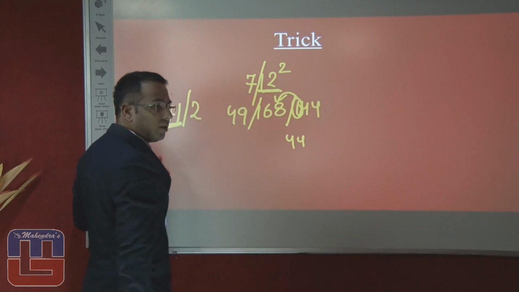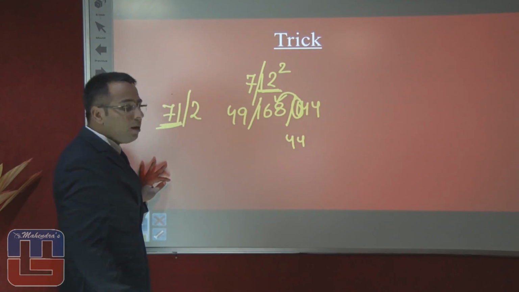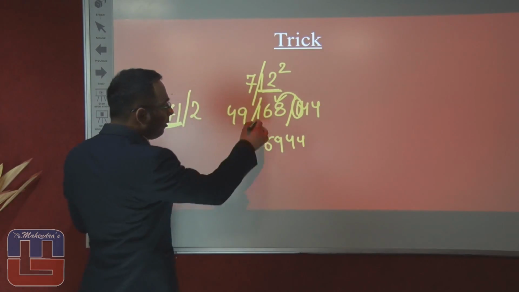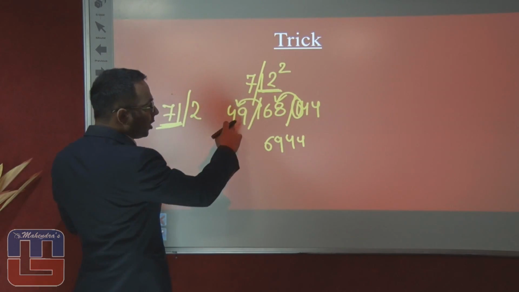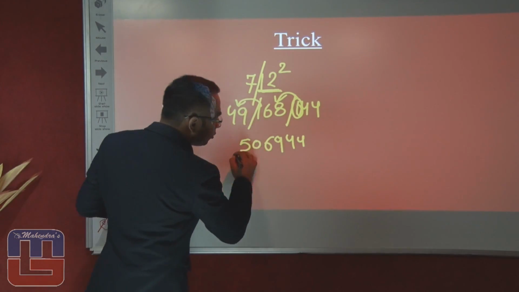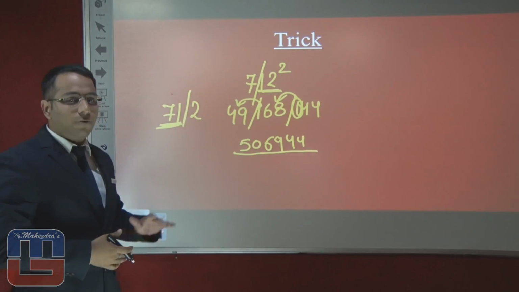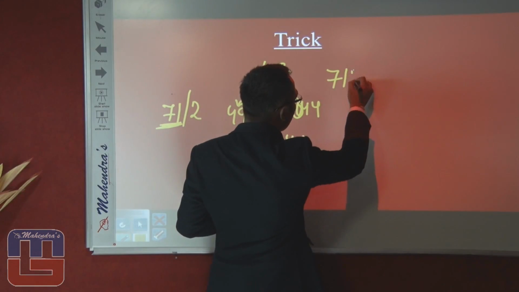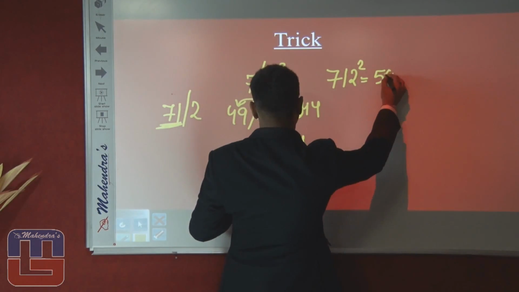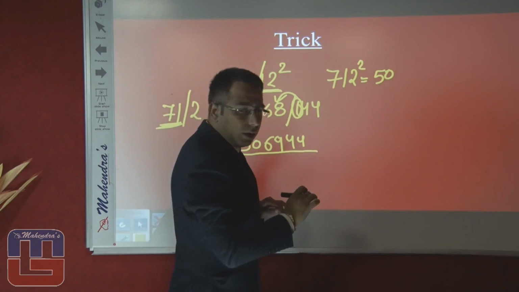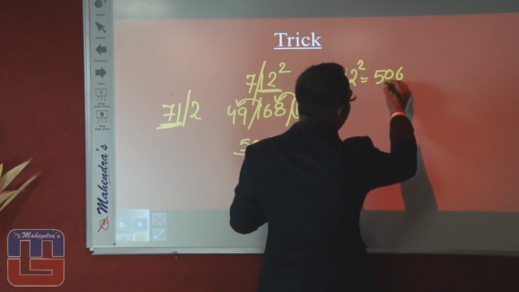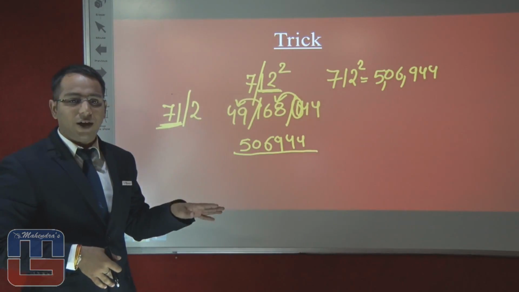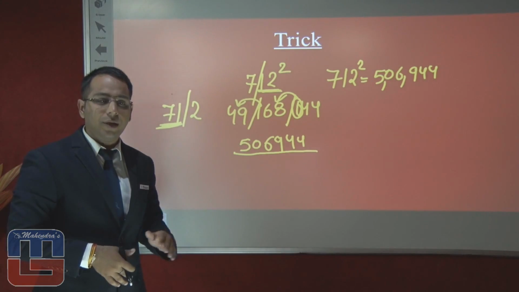So 1 will be added to 168: 168 plus 1 is 169. Again we put only the last 2 digits, that is 69, and 1 will be carried forward. 49 plus 1 is 50. So the square of 712 will be 5,06,944.